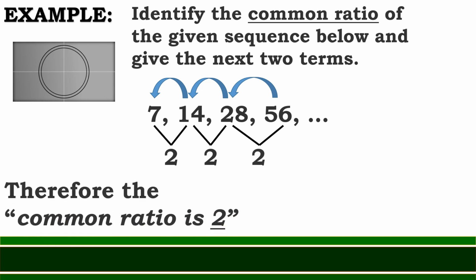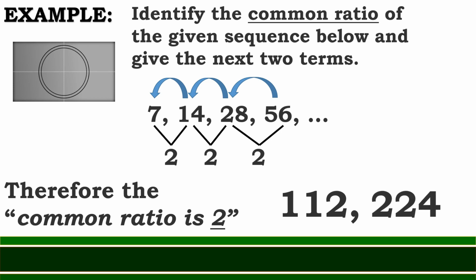So it means the common ratio is positive 2. Ngayon, alamin naman natin what will be the next two terms. Siyempre, 56 multiply natin by 2 will give you 112. And 112 multiply natin by 2, you have 224.